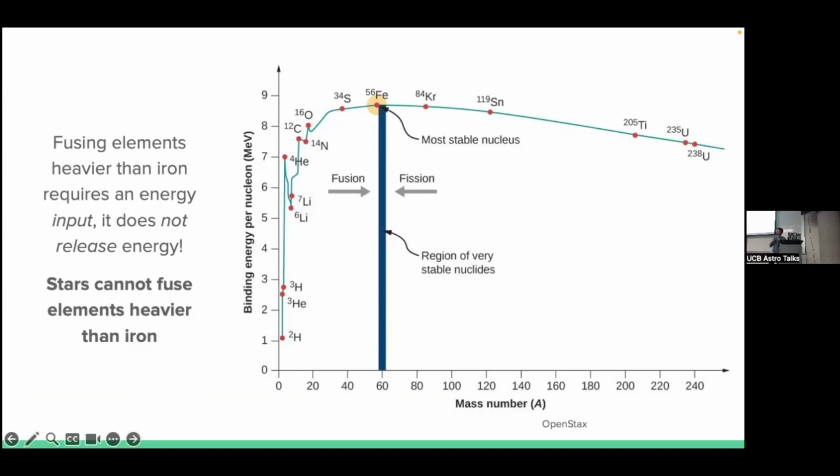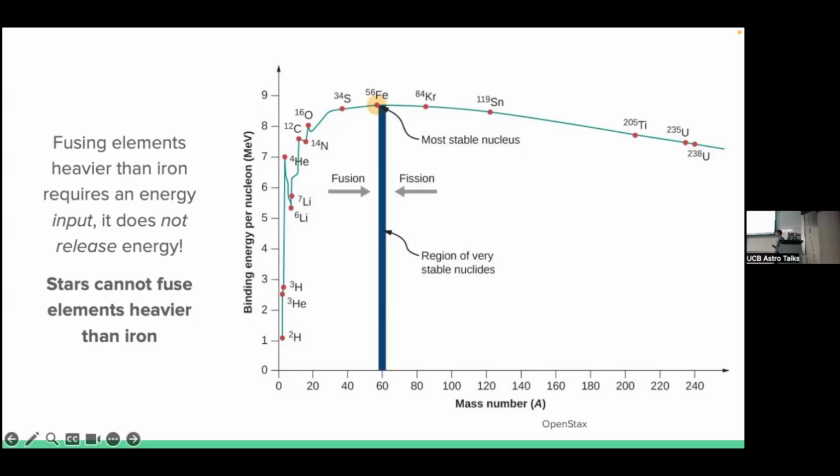It takes the most energy to rip it apart. So if you start smashing together hydrogen and making helium, you're releasing energy because it's more tightly bound. You can do that all the way up to iron. If you go beyond that, you need an input of energy because it is less bound, and energy can't just poof out of thin air. It has to come from something.